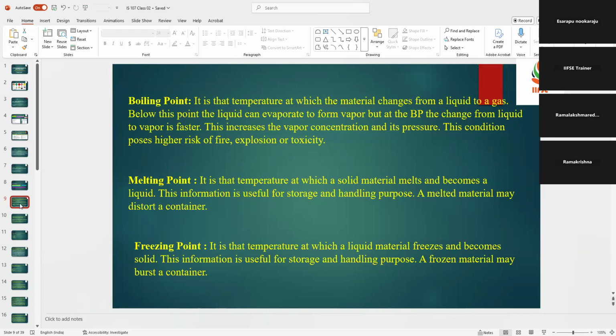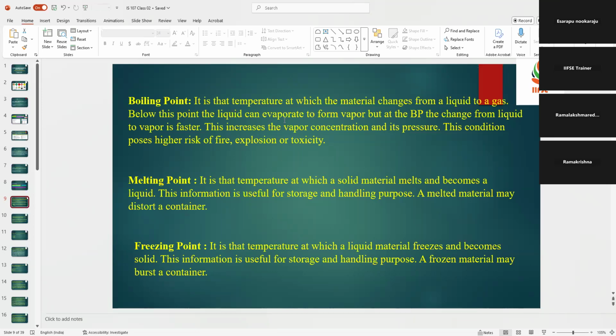Then boiling point. I think it is known to everybody. Boiling point is the temperature at which a liquid turns to a gaseous state. Water's boiling point is 100 degrees centigrade.